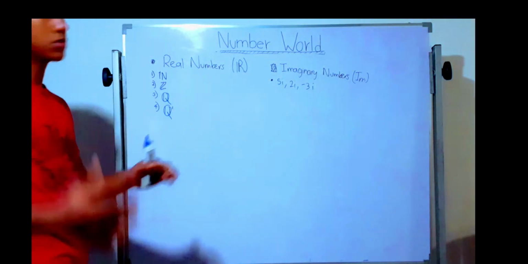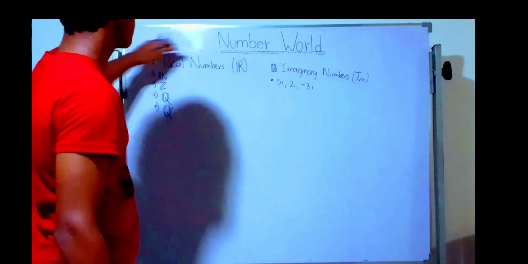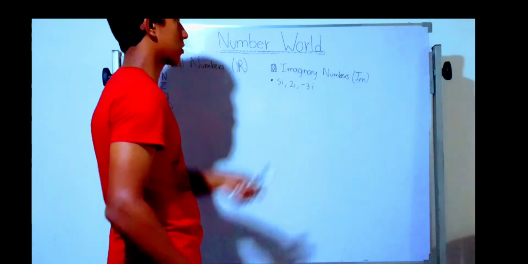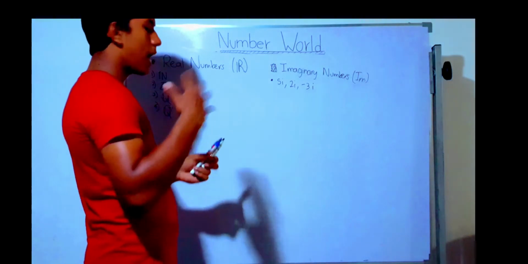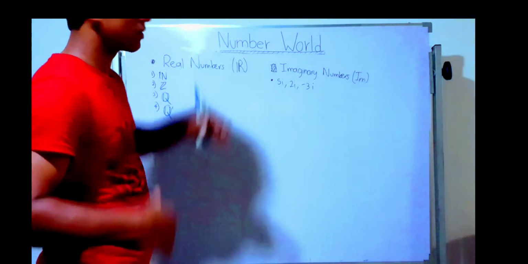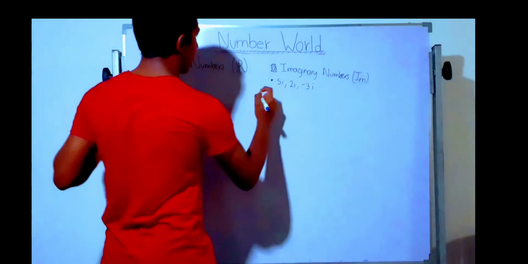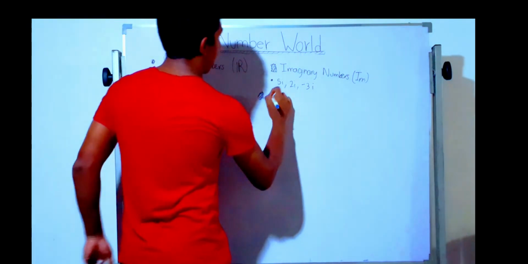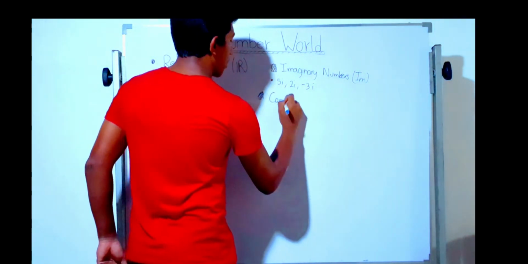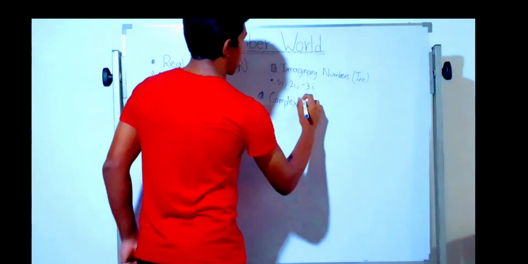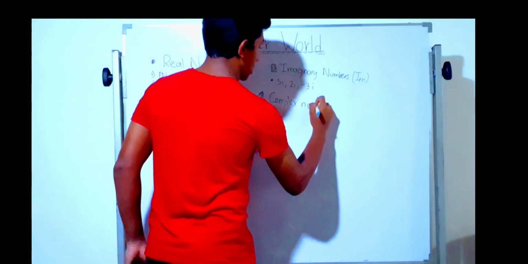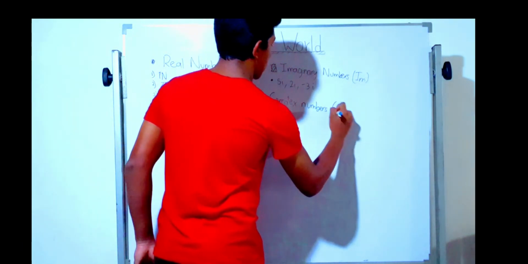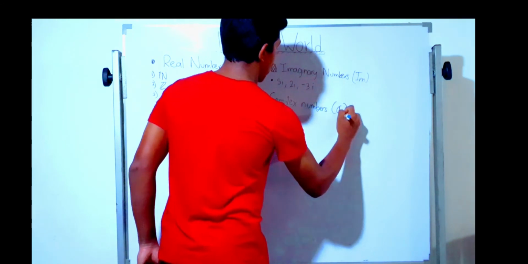So now we looked into two things. Real number is the big family. Now we learnt about imaginary numbers as well. So at the top, the major one is the complex numbers. Complex numbers are a mixture of real and imaginary components, represented by this symbol.